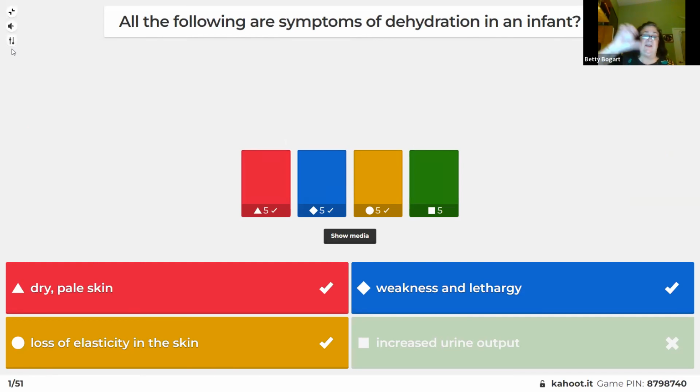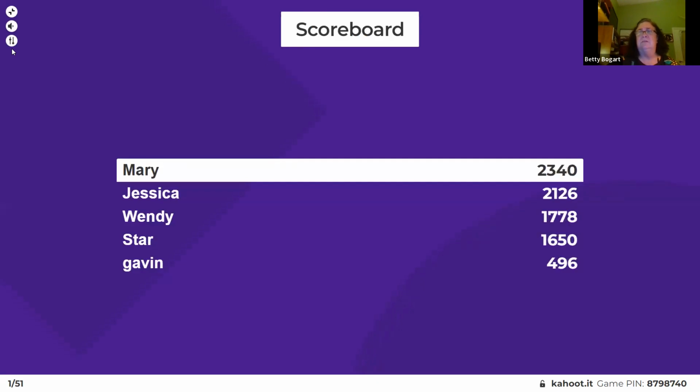You're going to have a decreased urine output, okay? You're going to see dry skin, loss of elasticity, you're going to be lethargic, not as alert, decreased urine output, increased heart rate, decreased blood pressure, all of those things.